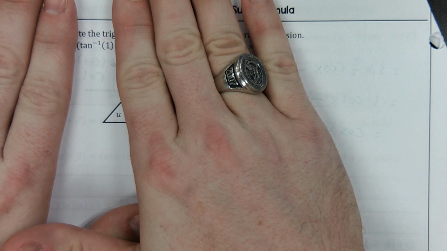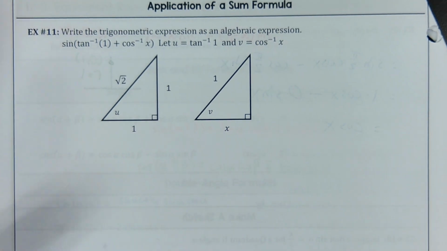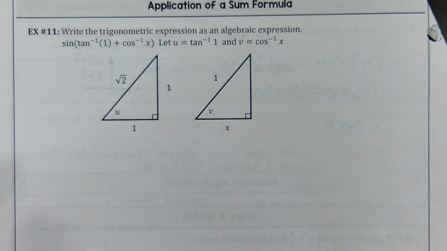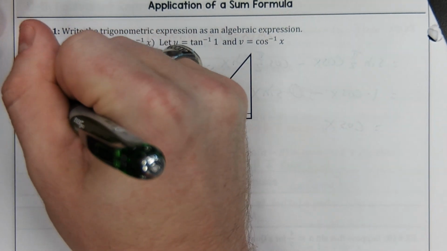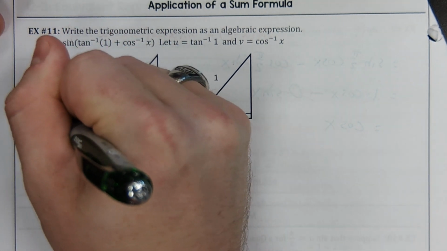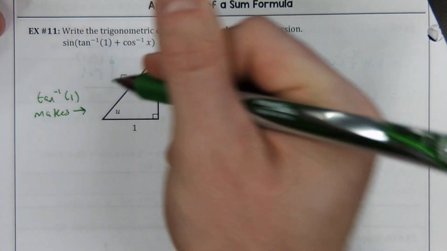The only way it's going to be positive is if they were both positive in quadrant 1. There it is. So there's my y, there's my x. So this triangle is created by tangent inverse of 1.